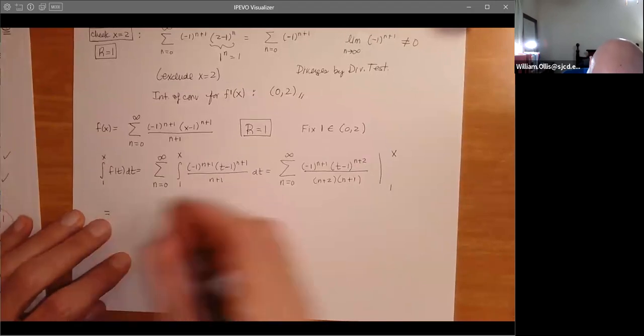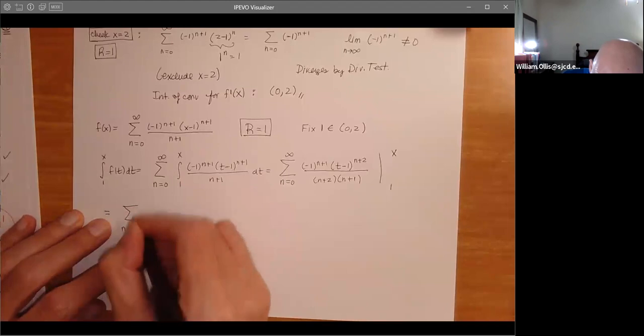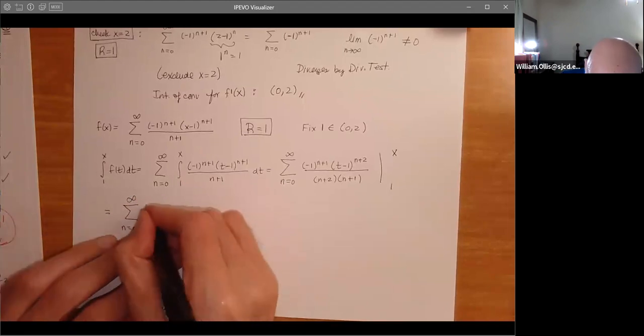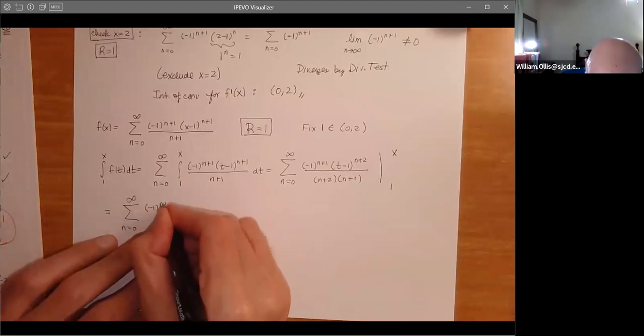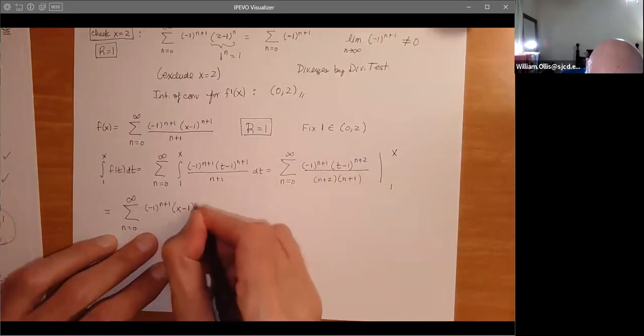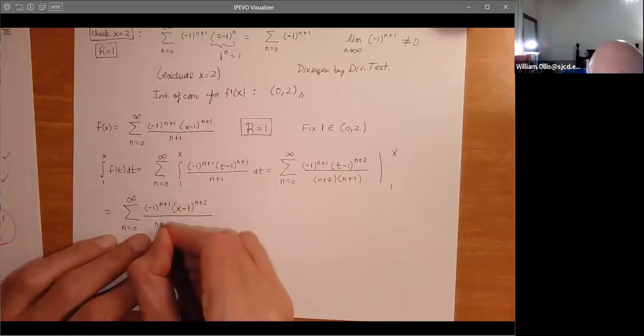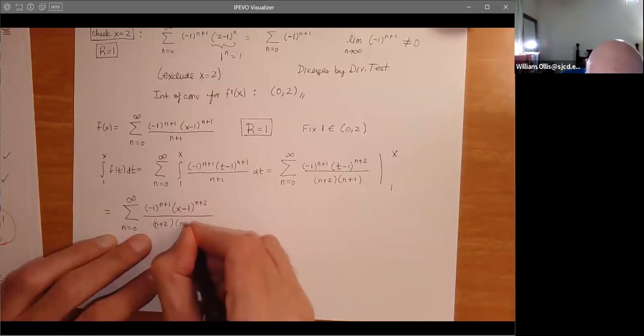So of course, this will give us the series we thought we would get, n equals 0 to infinity, -1 to the n plus 1. So of course, that'll give us x minus 1 to the n plus 2, over n plus 2 times n plus 1.